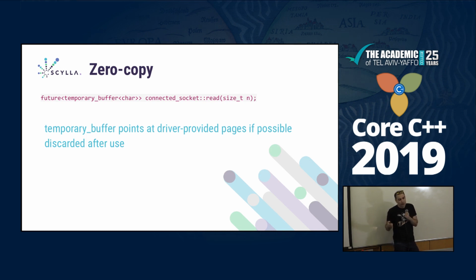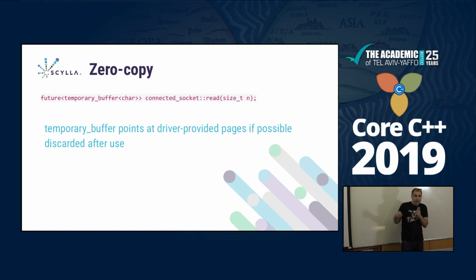So a temporary buffer is a bunch of memory, and usually you only move it from place to place, but when you read from a Seastar socket, you actually get the memory that was used to receive the packet. So if you're using the user space TCP/IP stack, you get access directly to the memory that was accessed by the network card, and then you can pass it on to your application.